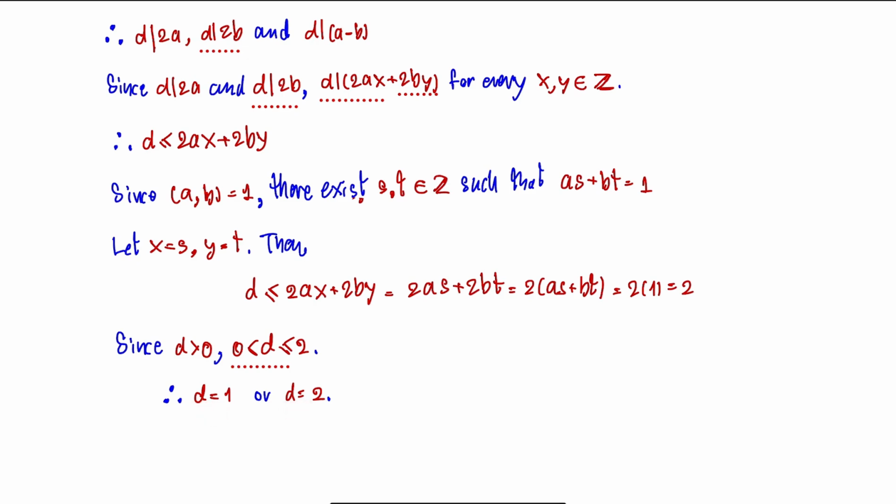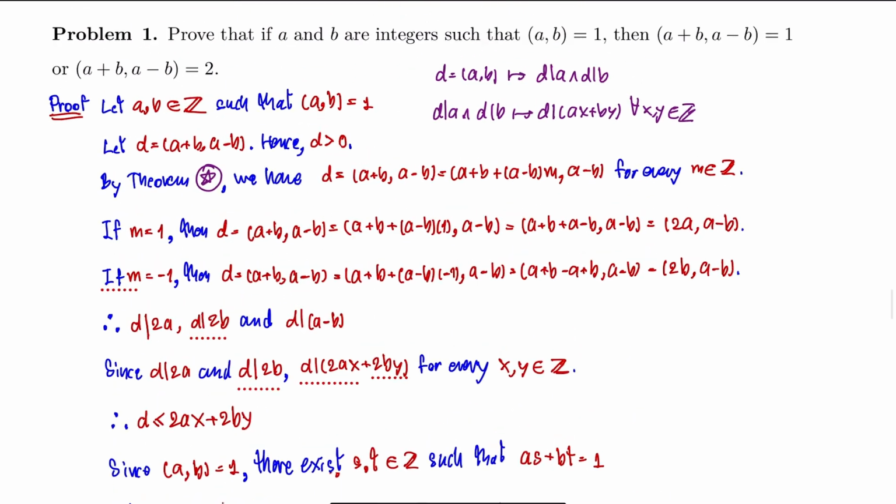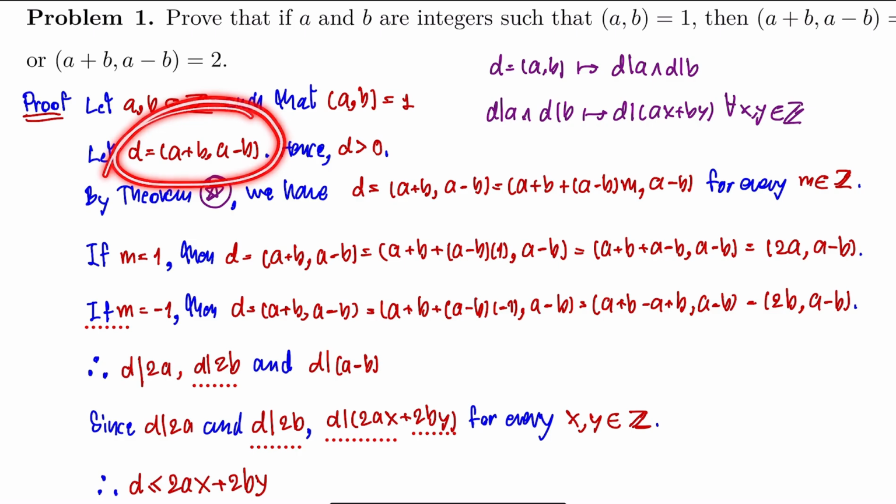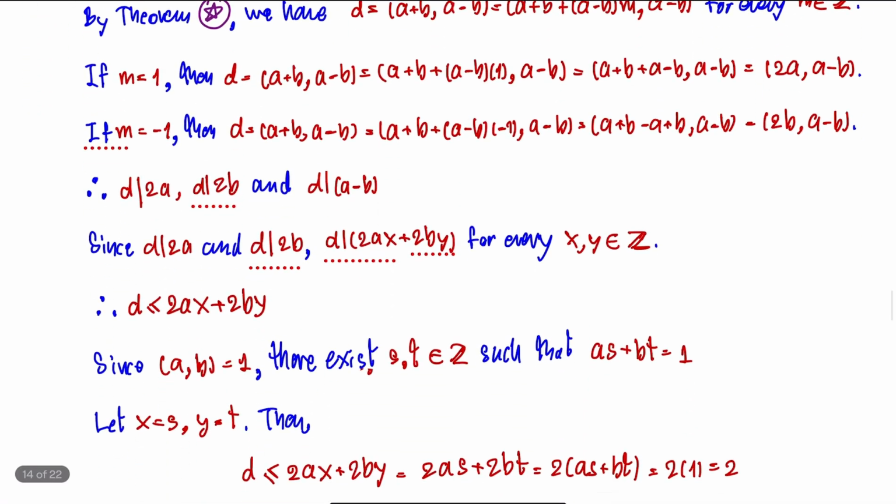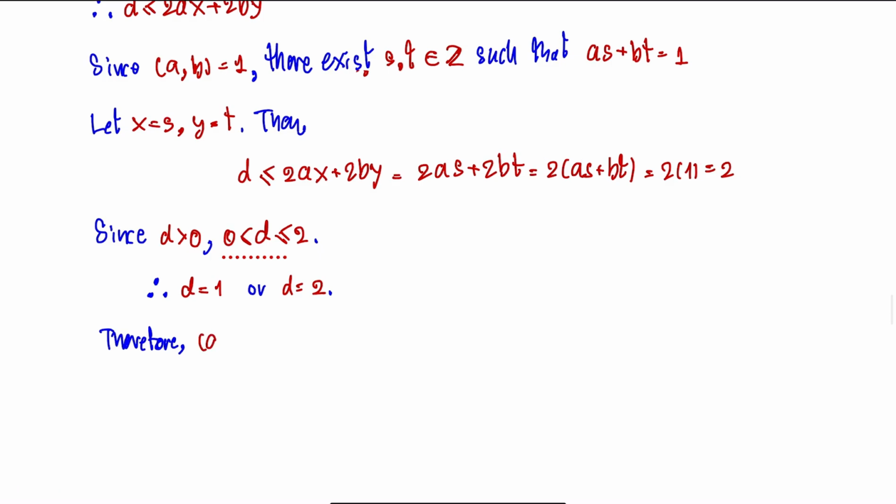Therefore, we have shown that. So d is this term right here, the greatest common divisor of a plus b and a minus b, right? So we gotta have the greatest common divisor of a plus b and a minus b equal to 1, or the greatest common divisor of a plus b and a minus b equal to 2.